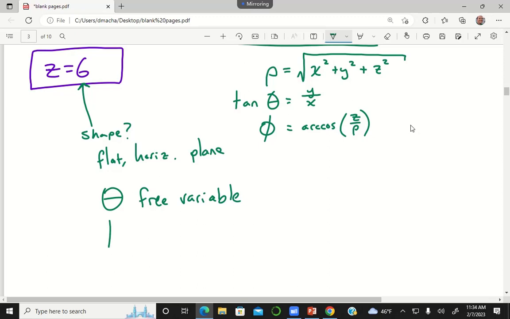Phi, which is the angle from the z-axis, is going to be a function of, well, I should say that rho is going to be a function of phi.